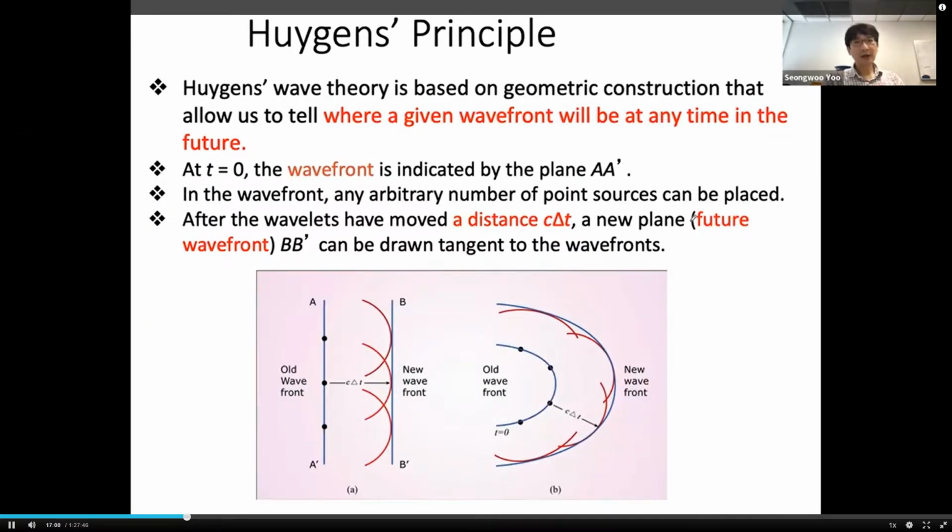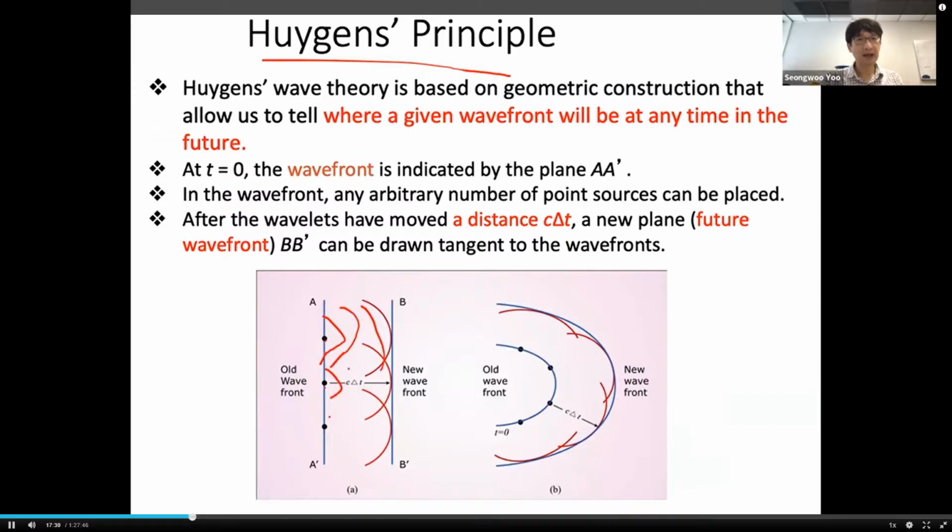And this wave optics actually gives us some idea about the new wave front. This is explained under the Huygens principle. This principle states that if we are given any arbitrary number of point sources, then they will emit their own wave front.